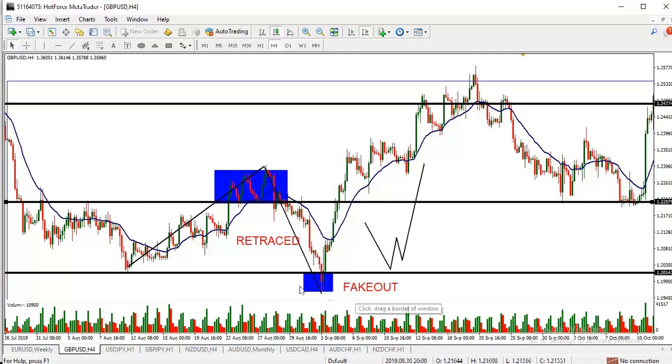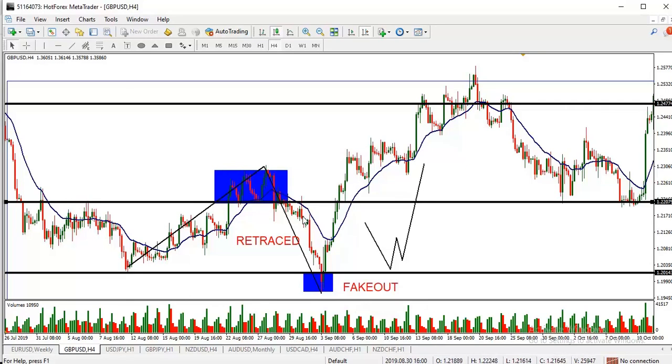Then at the end of the day, immediately, the next day or even during that day, they will now do this. Can you see? This is what happened here. They took price up like this. They took it up. They brought it down.